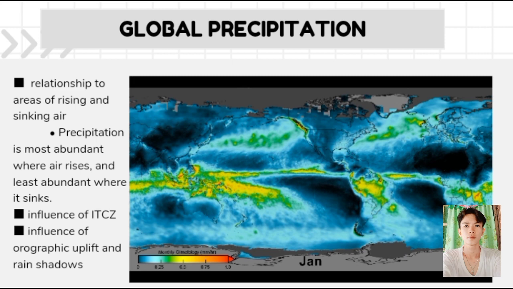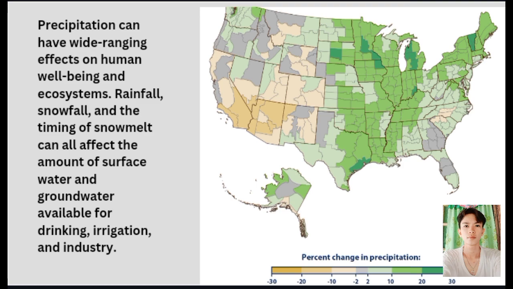So, precipitation can have wide-ranging effects on human well-being and ecosystems. Rainfall, snowfall, and the timing of snowmelt can affect the amount of surface water and groundwater available for drinking, irrigation, and industry.